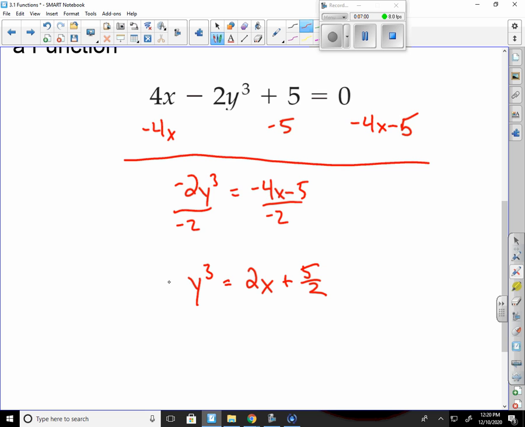Then to get rid of this cubed, I take the cube root. And now whenever I look at this, I have y equals the cube root of 2x plus 5 over 2.